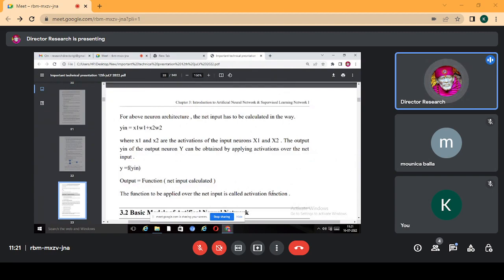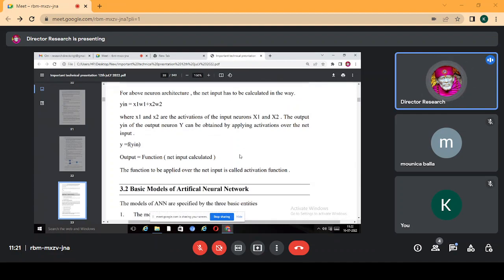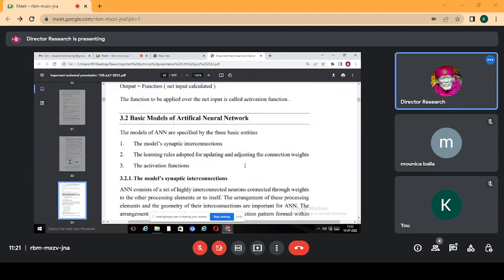For the above neuron architecture, the net input has to be calculated, where X1 and X2 are the activations from the input neurons. The output Y of the output neuron can be obtained by applying the activation function over the net input.